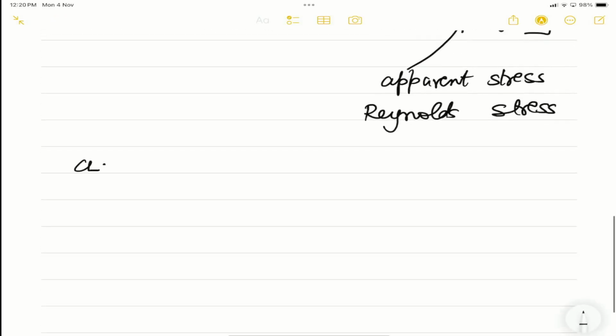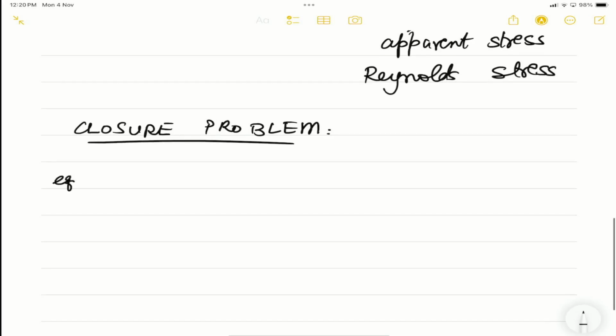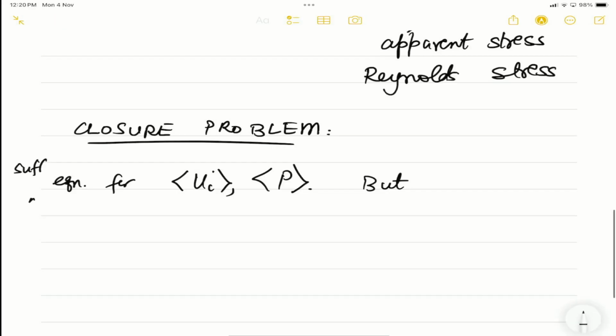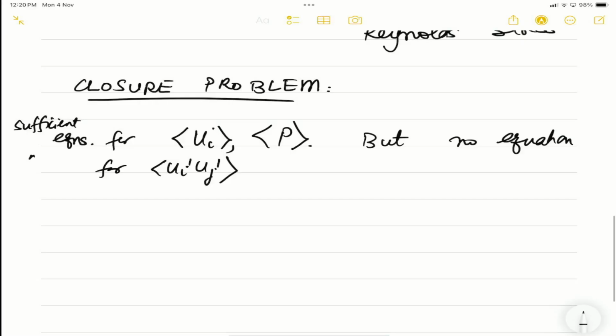So let me just write this down before I talk of the closure problem. That we have equations for mean ui and p, or sufficient equations for mean ui and p, but no equation for ui prime uj prime.